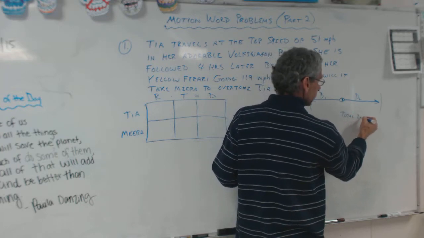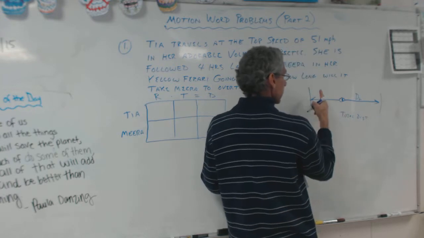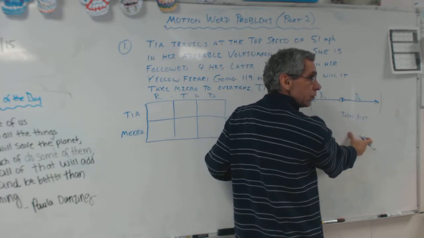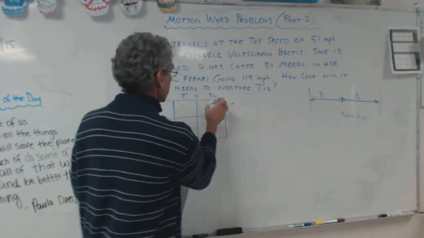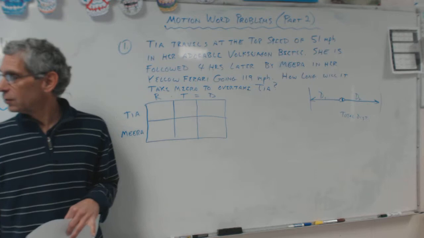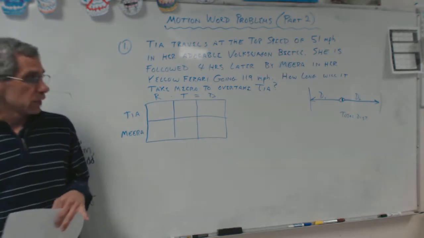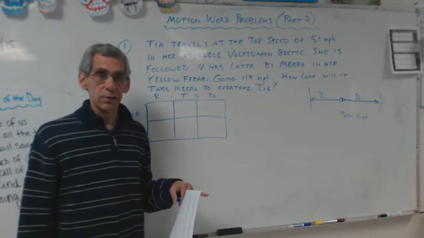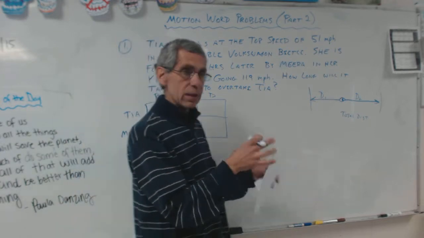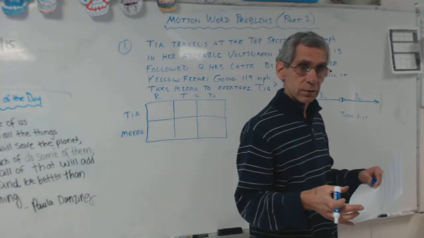So you ended up having d1 plus d2 equals the total distance. Remember that? It was this plus this equals this bottom box. There's no bottom box now, okay? Because there's no total distance. Do you see that? If there was a total distance, it would go there. But in these problems, there's no total distance, okay?